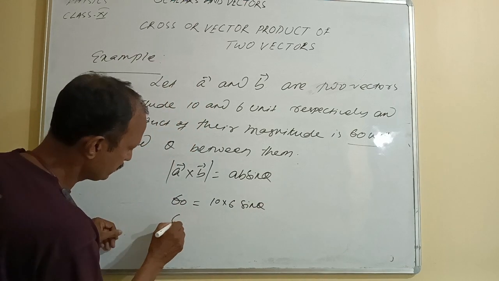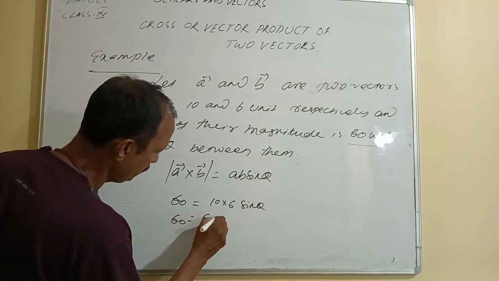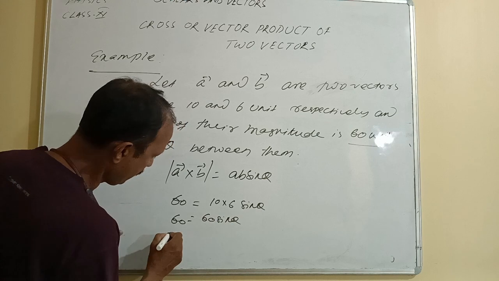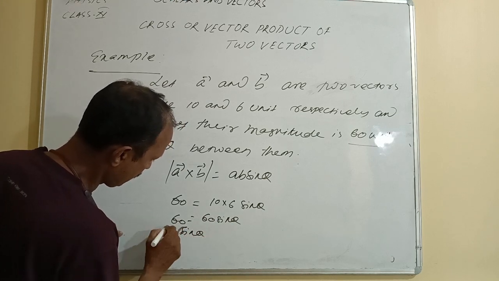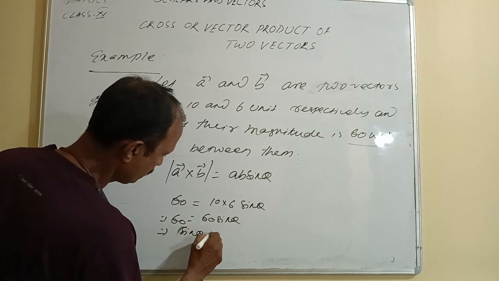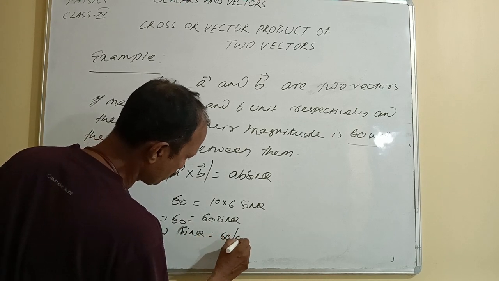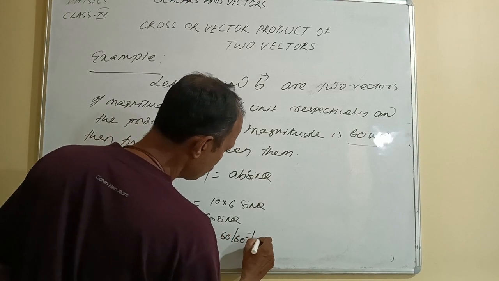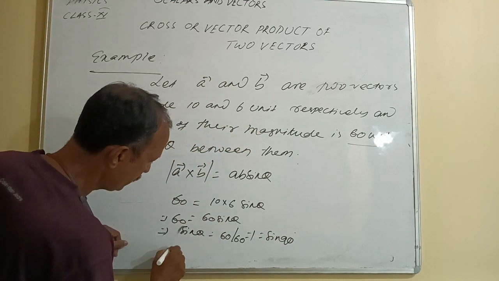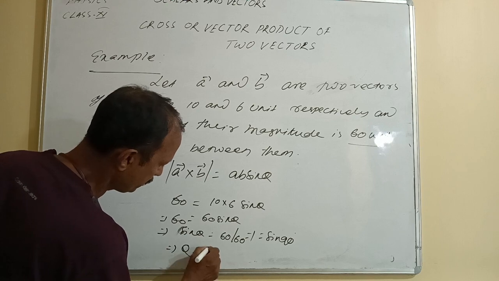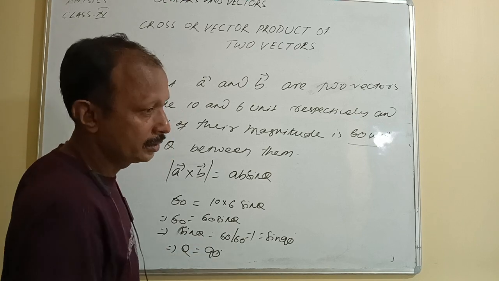That means 60 is equal to 60 sin theta. That means sin theta is equal to 60 on 60, which is equal to 1, which is equal to sin 90 degree. This implies that theta is equal to 90 degree.